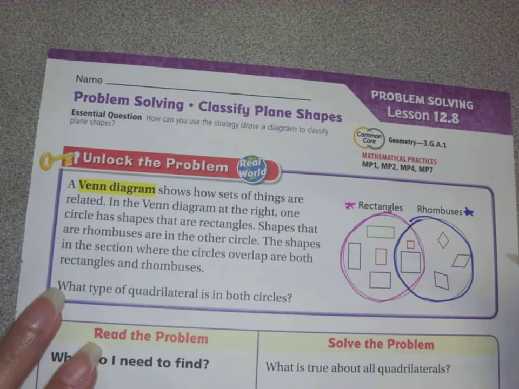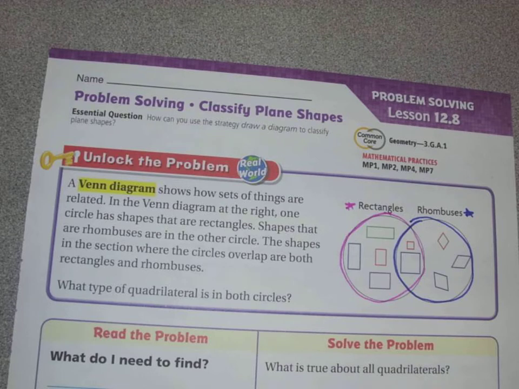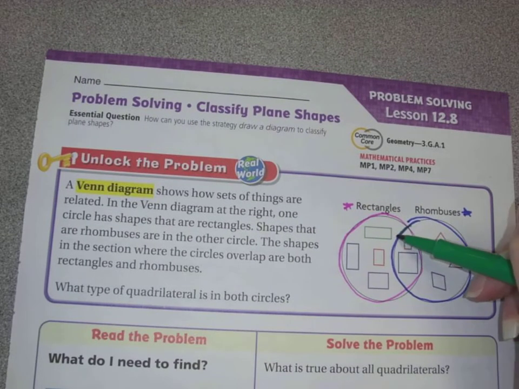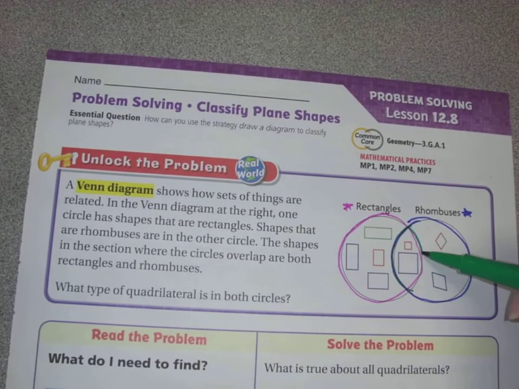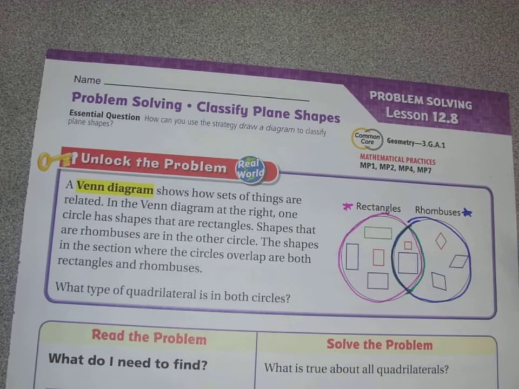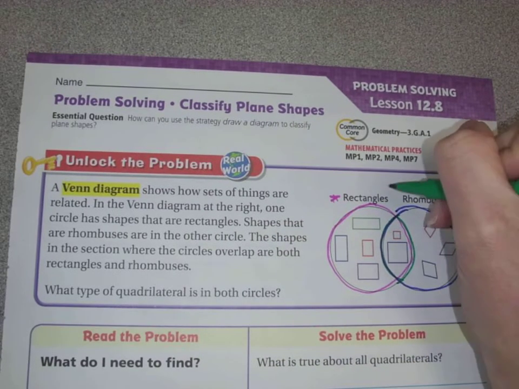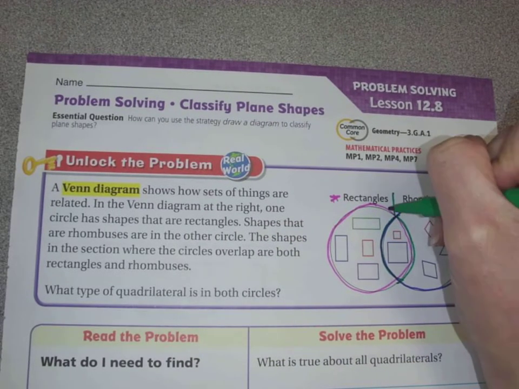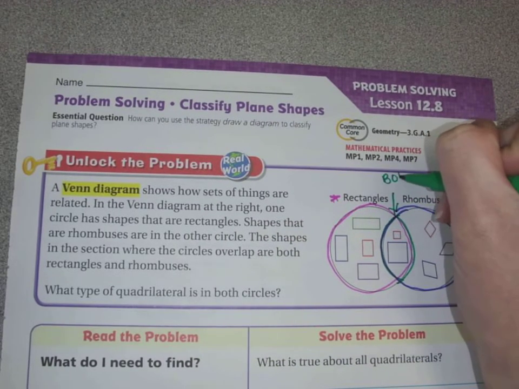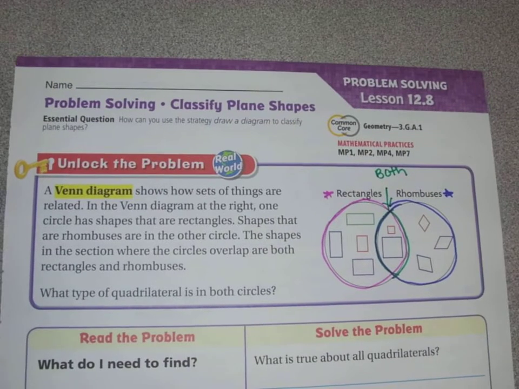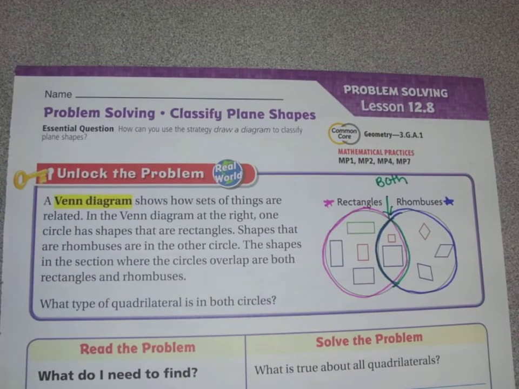Now, look in the middle section, where the circles overlap each other. They are both rectangles and rhombuses. I'm going to draw an arrow. These are both, okay? They're rectangles and rhombuses.